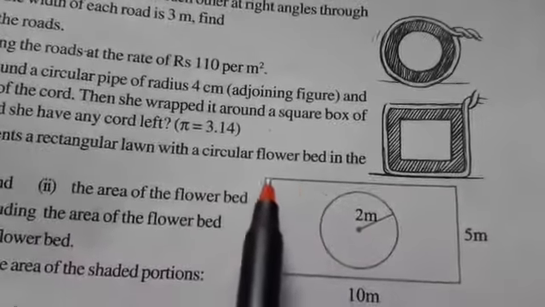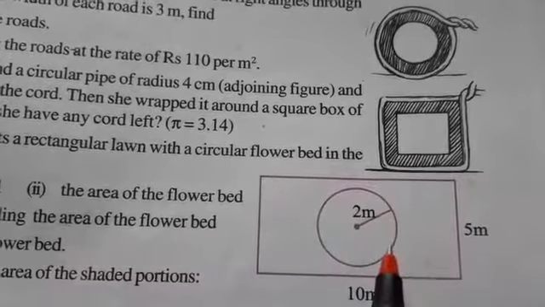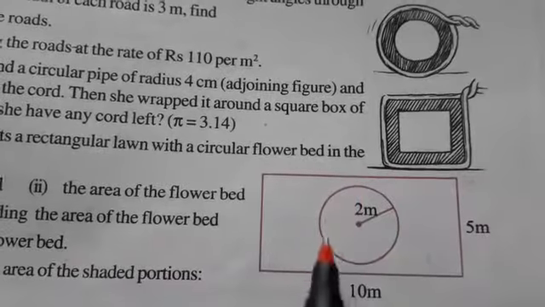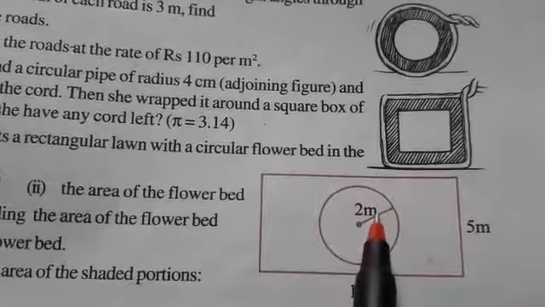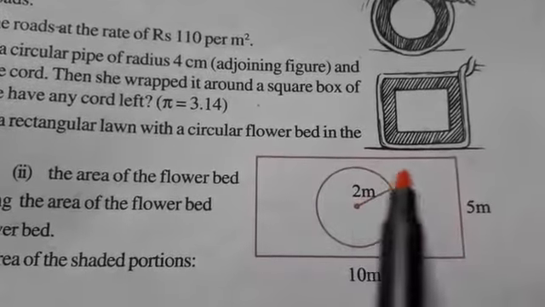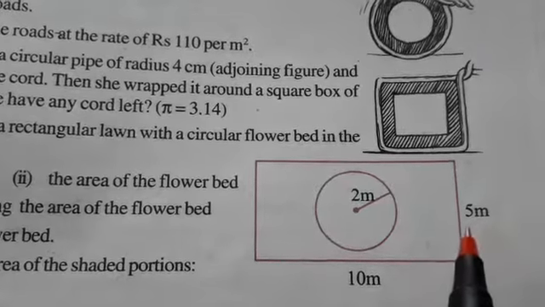Here it is a rectangular shape and it is a flower bed. Radius of this flower bed is 2 meter and this rectangular shape whose length is 10 meter and width is 5 meter. Now we solve it.